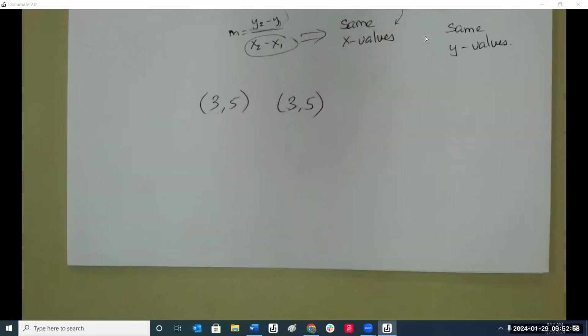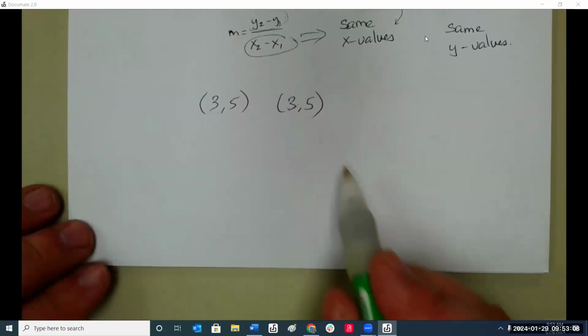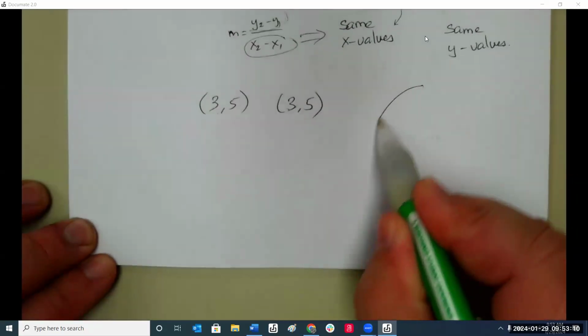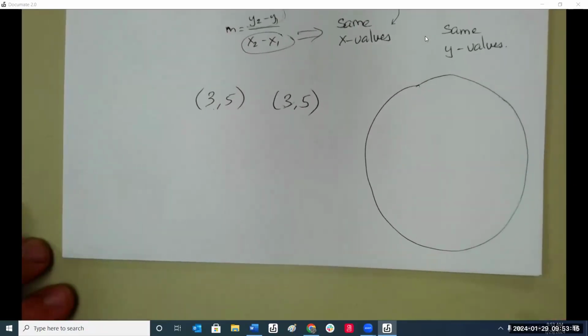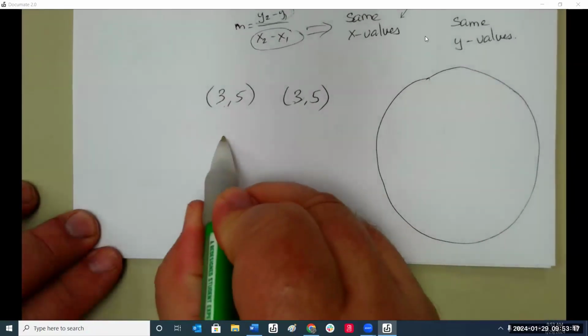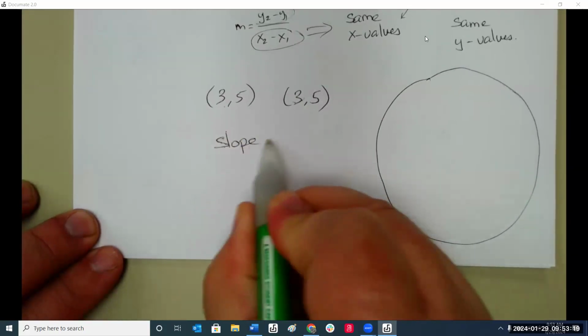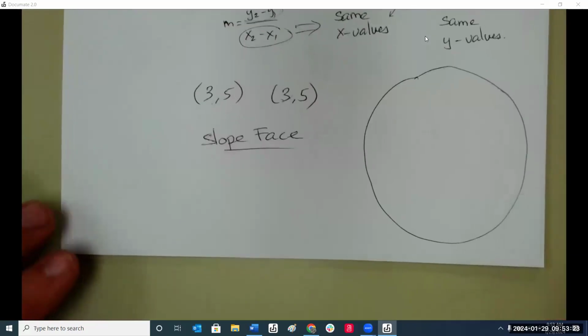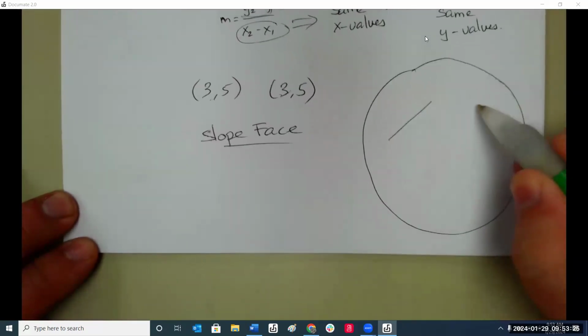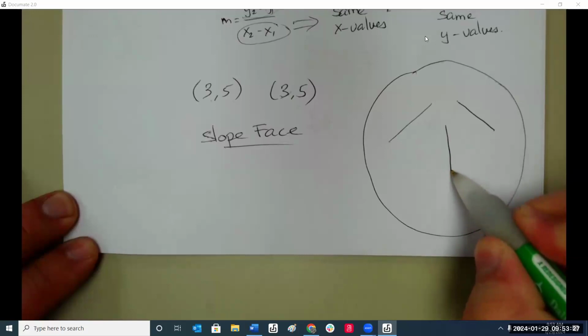Didn't I show you last week a picture of how to remember these? Did you all use that a second ago? What was the picture I told you about? Slope face, the guy. Let's give him a name. Slope face. Because we have 4 slopes.